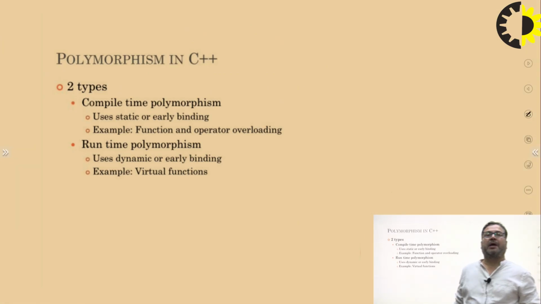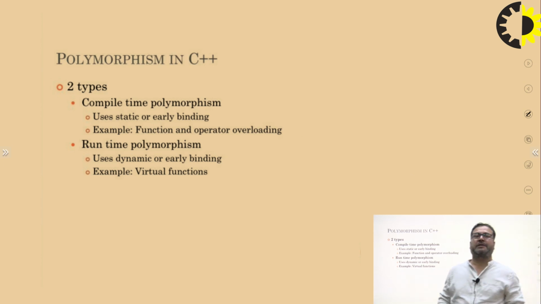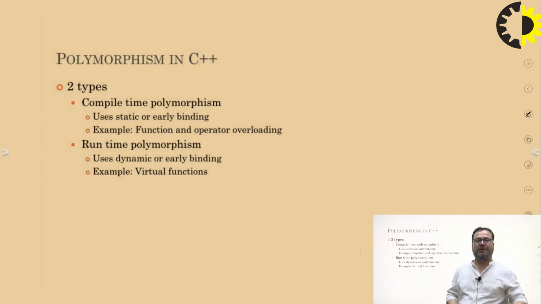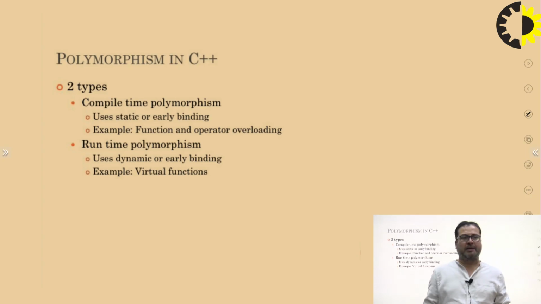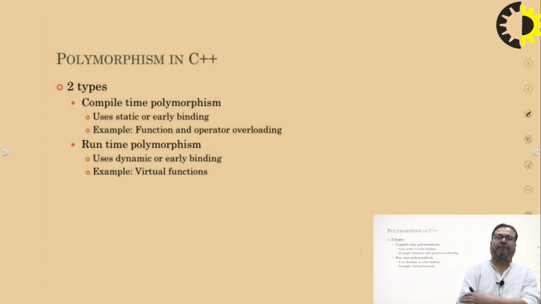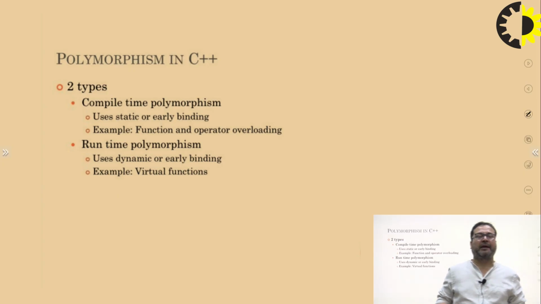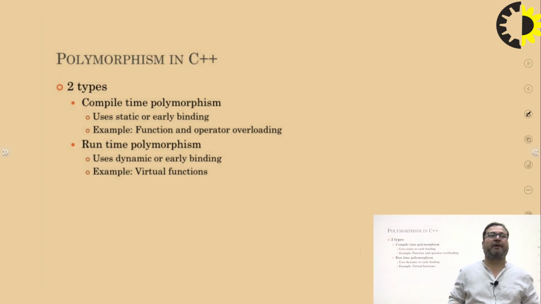First, what is polymorphism? Polymorphism is basically one thing having several different meanings, depending on the context. The concept of polymorphism is implemented through function overloading or operator overloading, as well as by the virtual function.